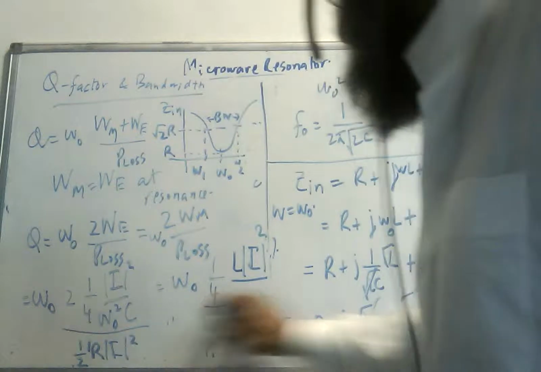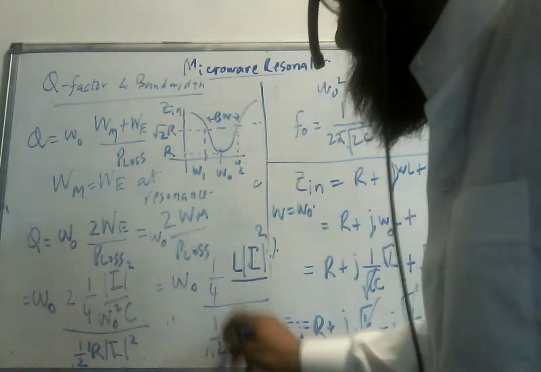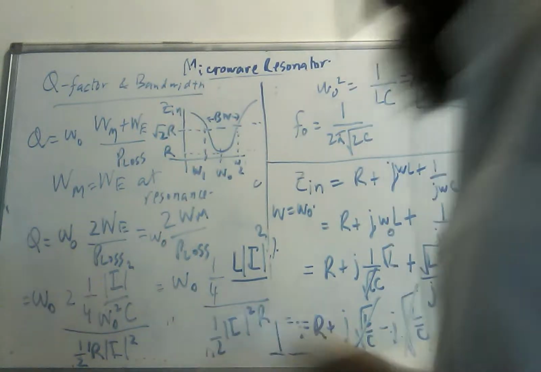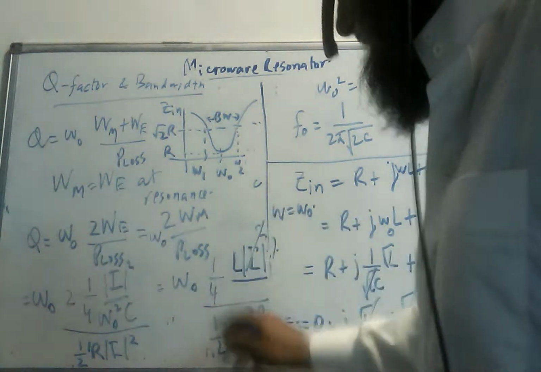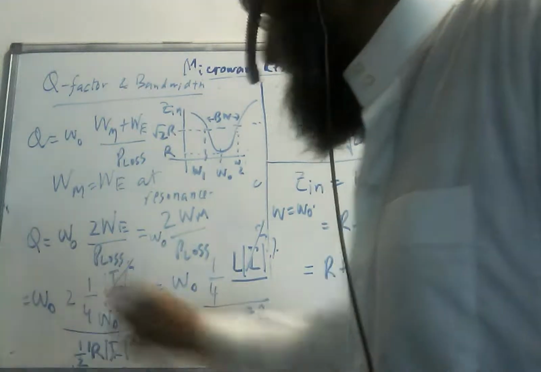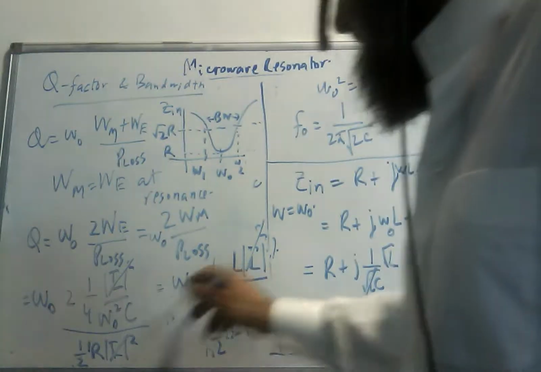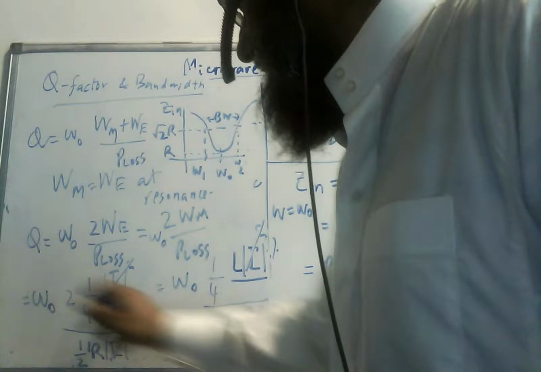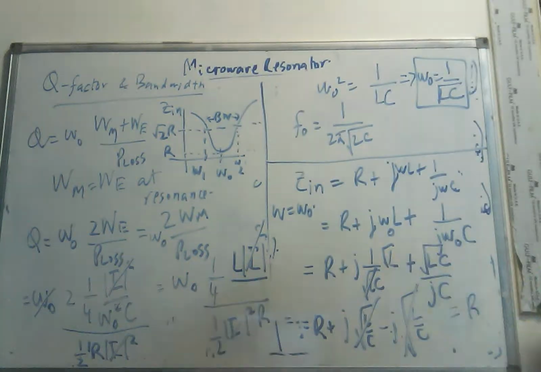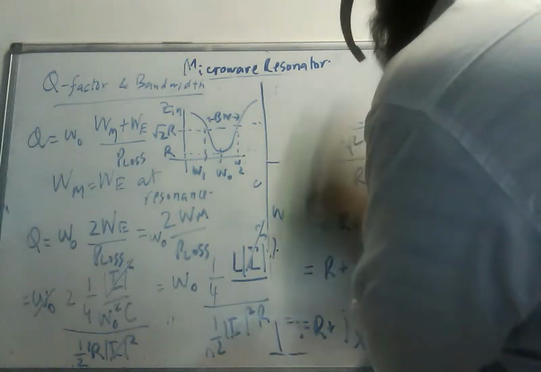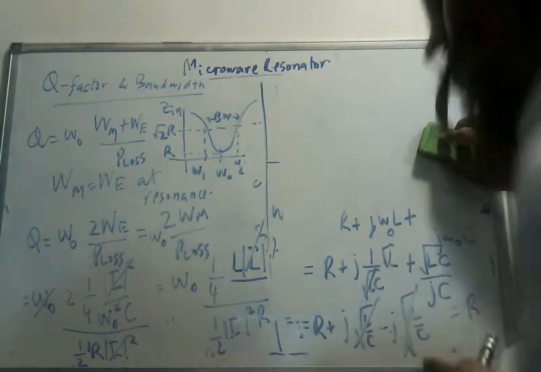Loss is 1 over 2 R I square. So this is divided by 1 over 2 I square R. So let's see what cancels out. I cancels on all the sides. One of the omega naught here cancels with this. So I have two equations which will give me the quality factor.